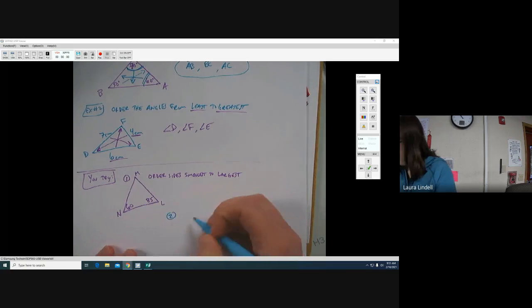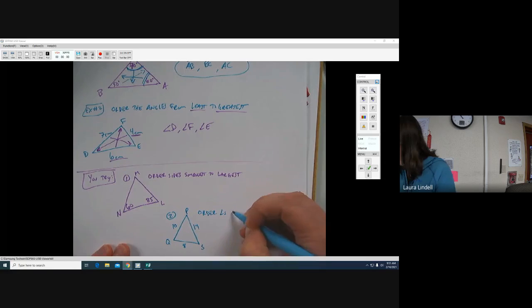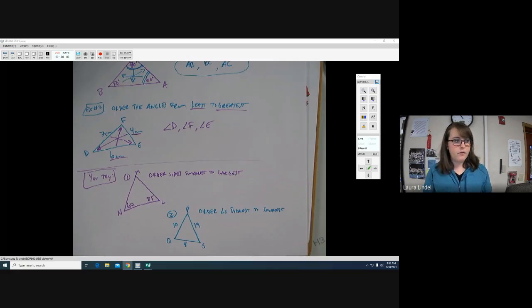And then the second one. Order the angles, biggest to smallest. Okay, so take a minute or two, try both of those. When you think you've got it, type yay triangles in the chat.